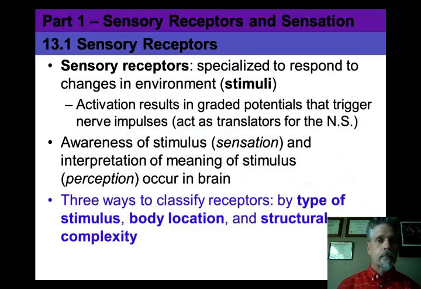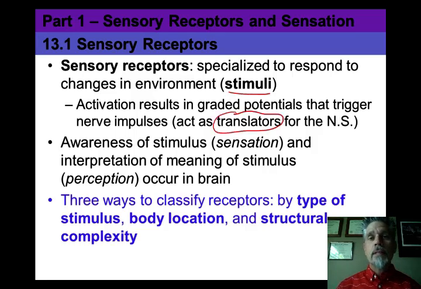Okay, so breaking into those four parts, we're going to start with sensory receptors. The key thing with these receptors is that they are responding to different stimuli, so changes in the environment. We'll see that some are adapted to responding only to changes, some will send information all the time. But the key thing here is that they are acting as translators for the nervous system.